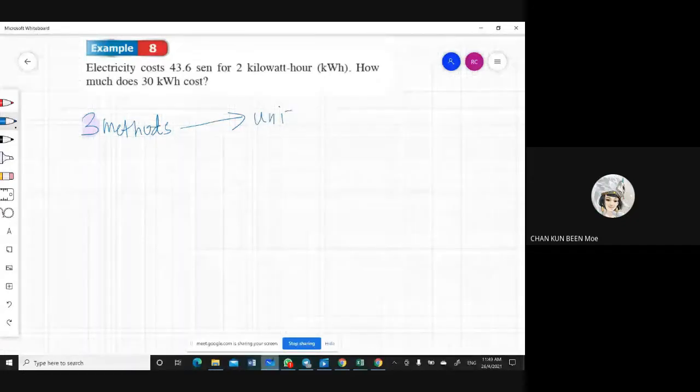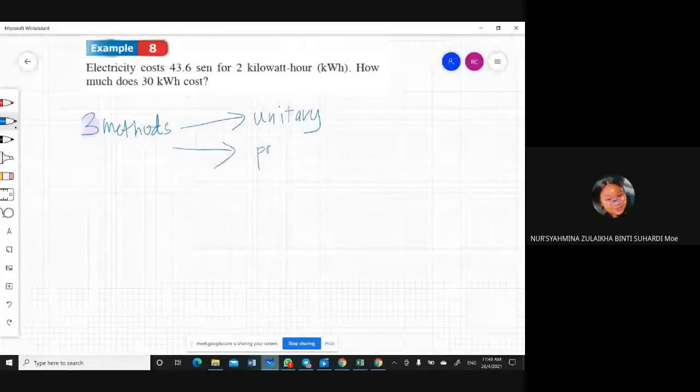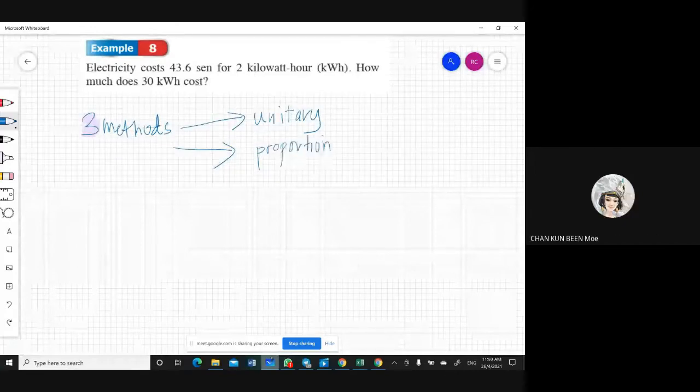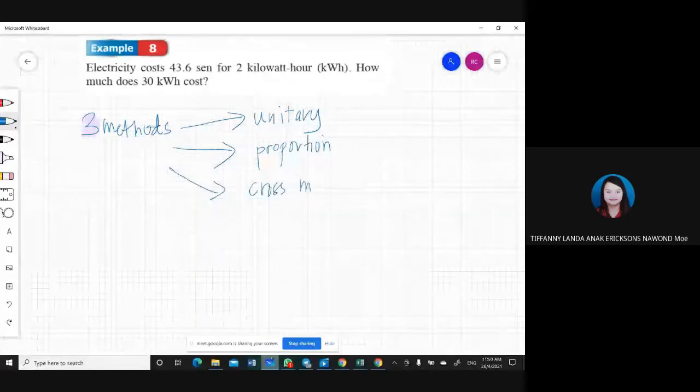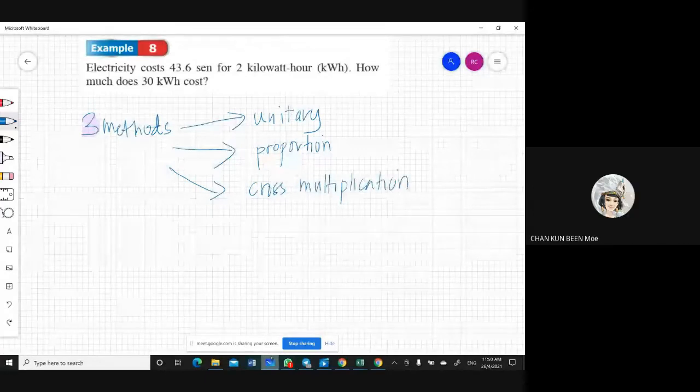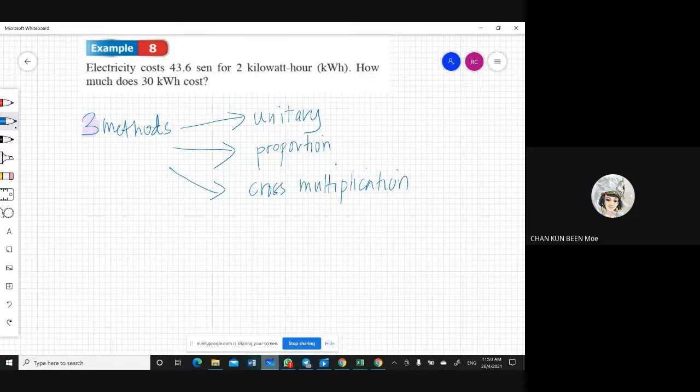Second method, you are going to use the proportion method. And the last one, you are going to use the cross multiplication method. Correct.